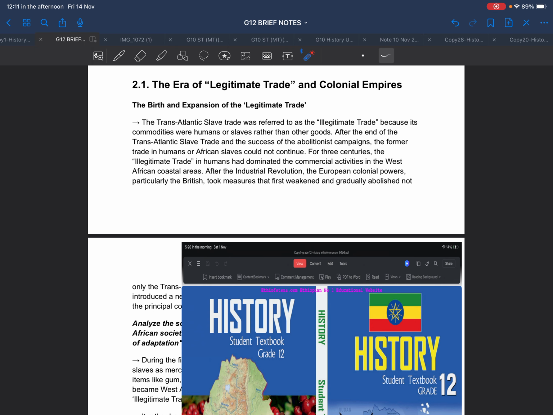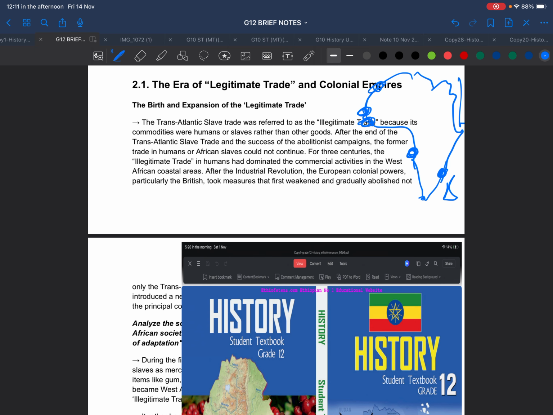Much of Africa, especially the coastal parts of Africa, like Senegal, part of Angola, Mozambique, were the major trading stations where illegitimate trade was so active.